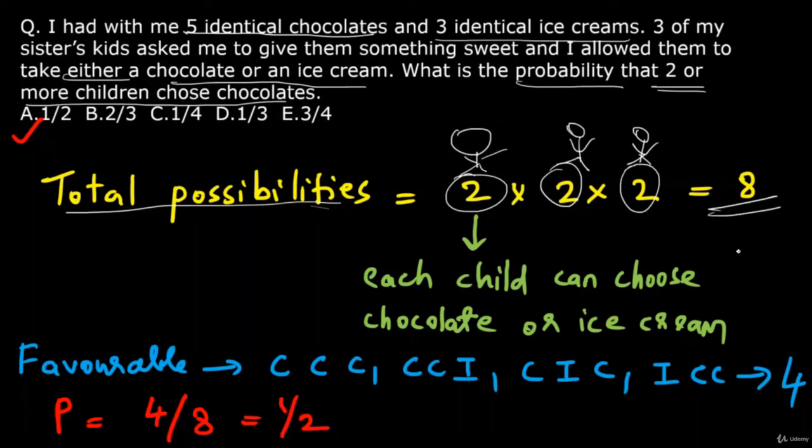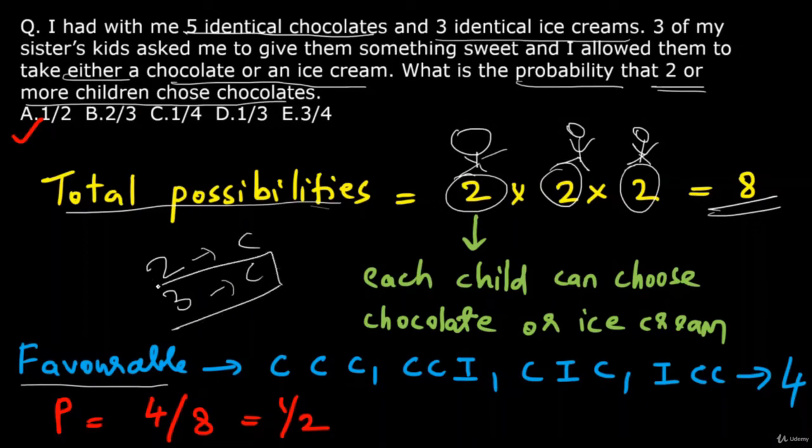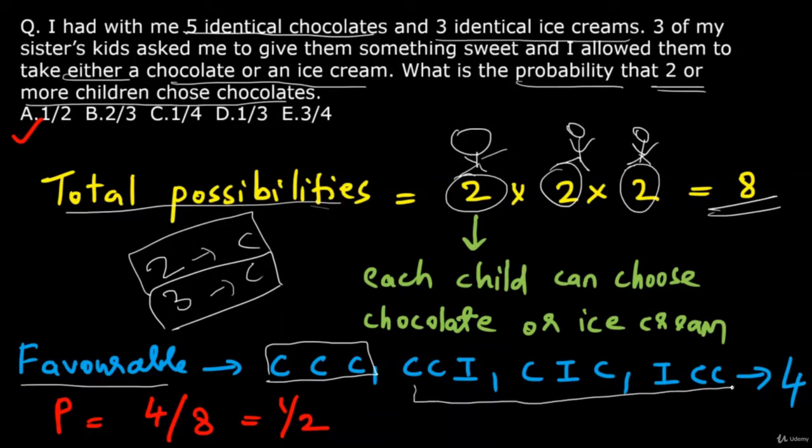Now, in these 8 cases, the favorable cases are those in which either 2 children or 3 children choose chocolates. Now 3 children choosing chocolate can be done only in one way. That's C, C and C, right? C stands for chocolate.